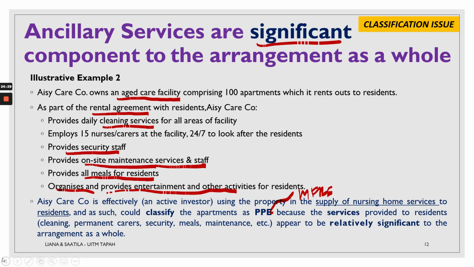And the services provided, which are, as you can see here, cleaning, permanent carers, security, meals and maintenance, appear to be relatively significant to the arrangement as a whole. Therefore, these apartments that are being rented out to the residents will be treated as property, plant and equipment, not an IP but a PPE, since they are held mainly for the supply of service, although they are being rented out.